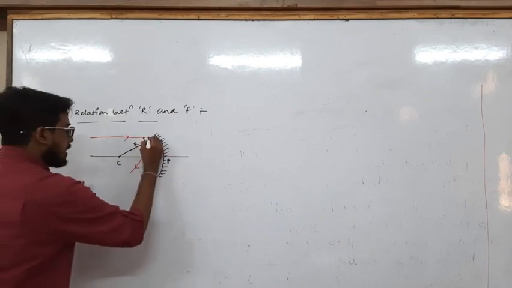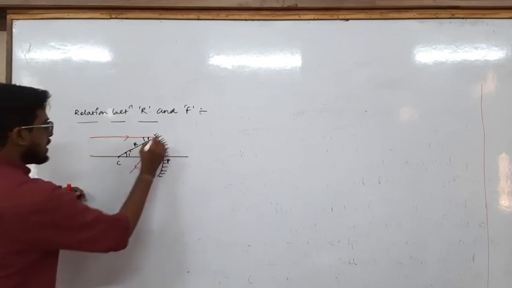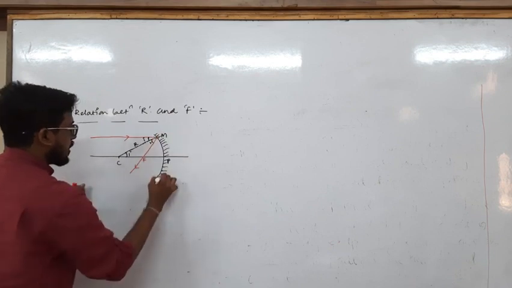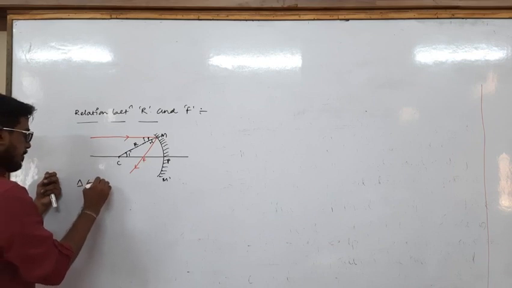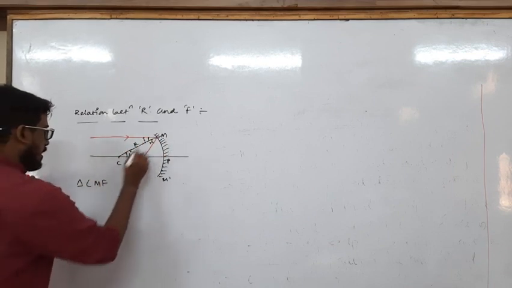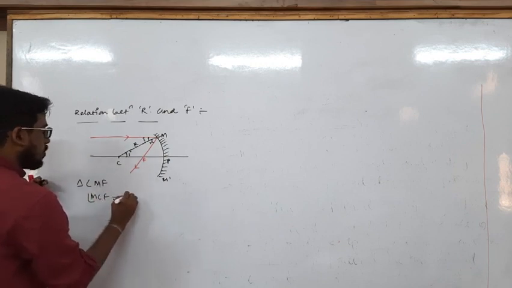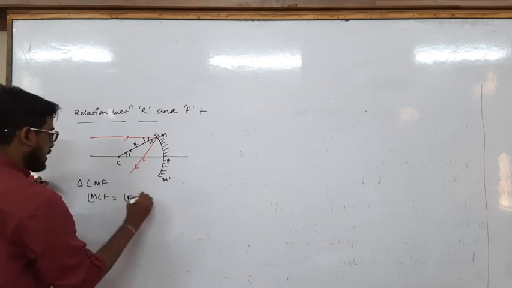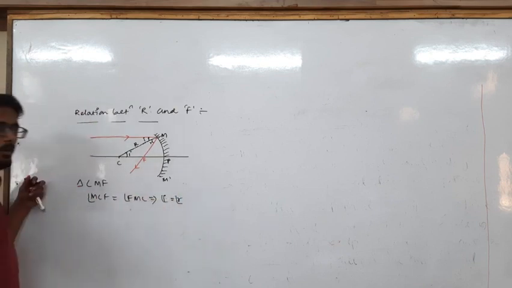So if this angle is i, then this angle is also r, because in CF, let this be M. So in triangle CMF, angle MCF equals angle FMC. This implies i equals r according to the law of reflection.